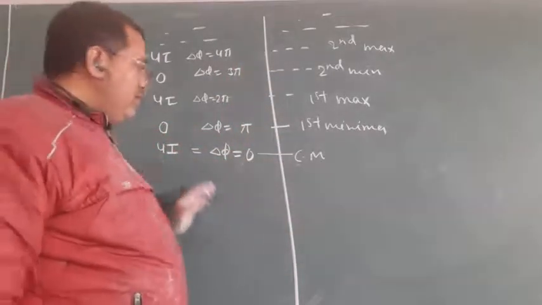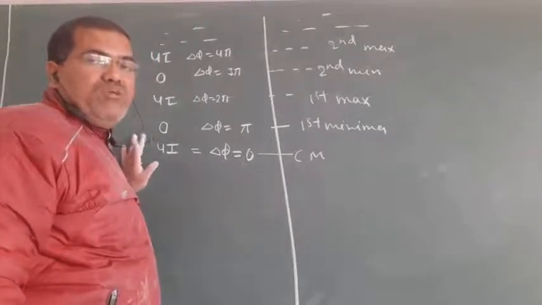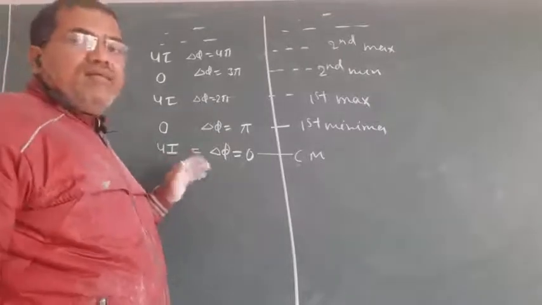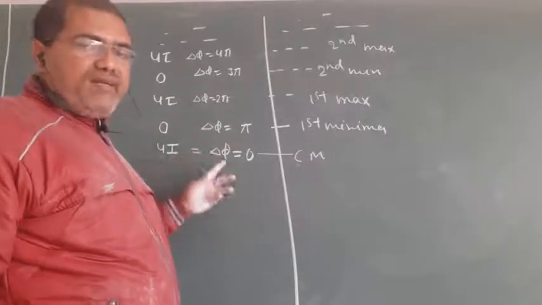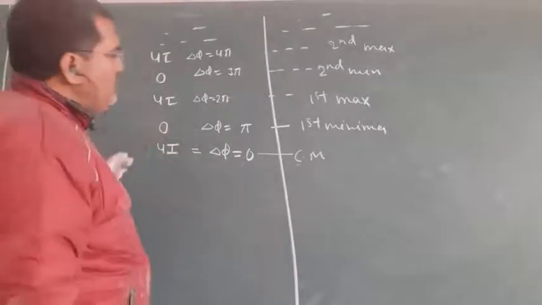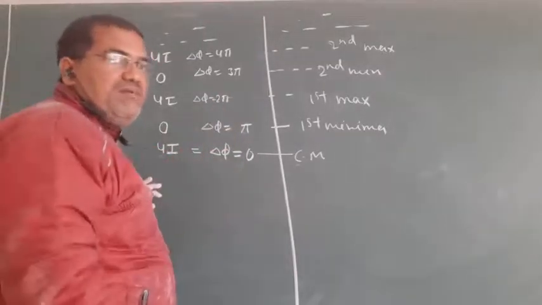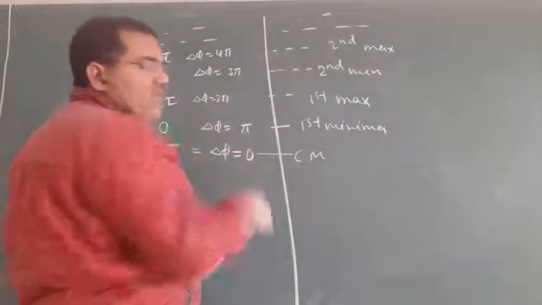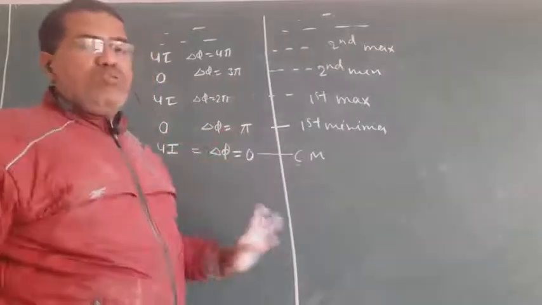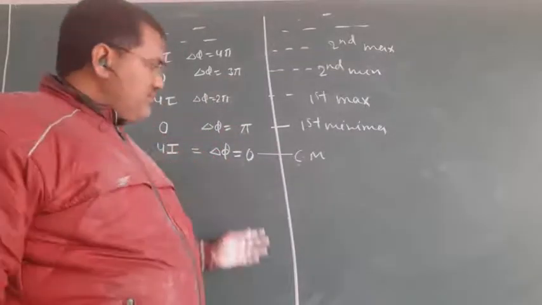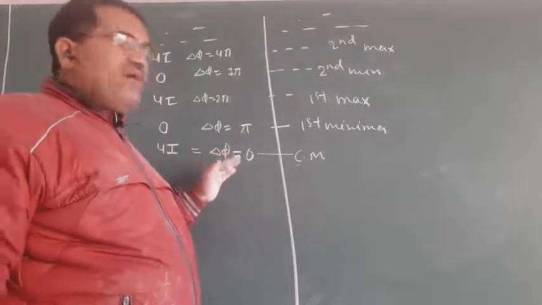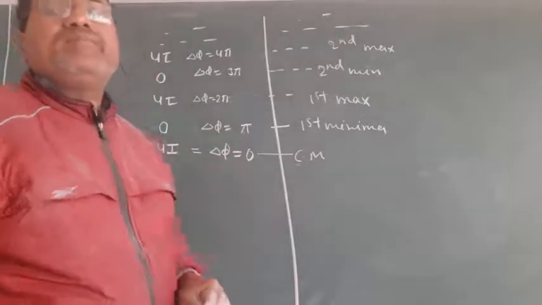So intensity will vary from 4I to 0, and there could be some intensities like 3I, 2I, 3.5I in between 4I and 0. In every region, 0 to pi, pi to 2 pi, 2 pi to 3 pi, we get 2I, which means in every region intensity varies from 4I to 0.